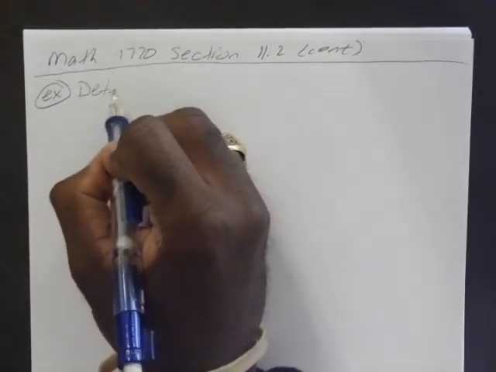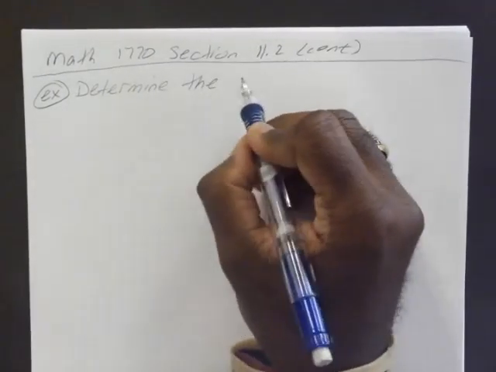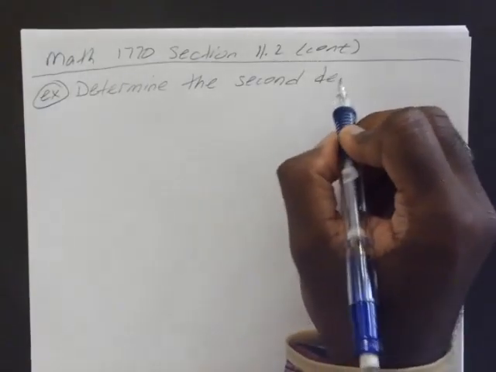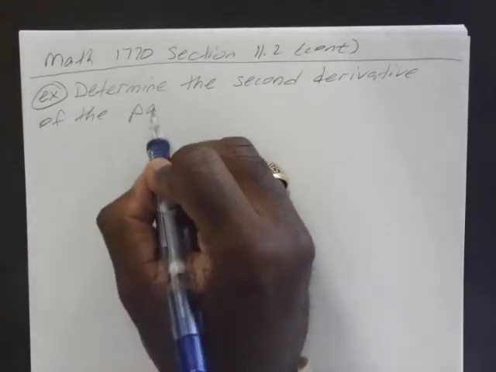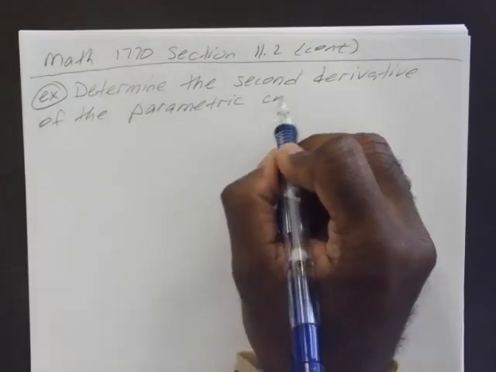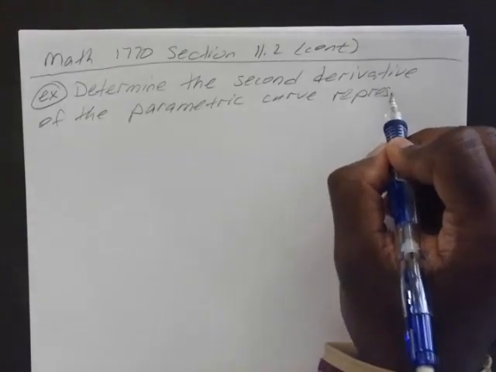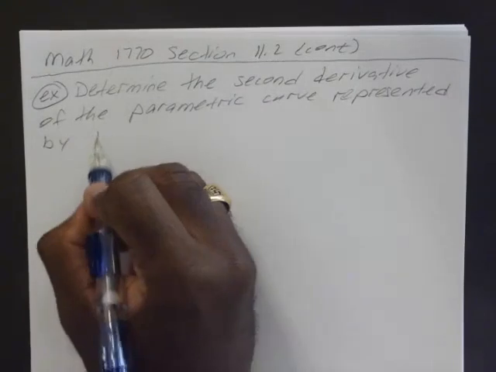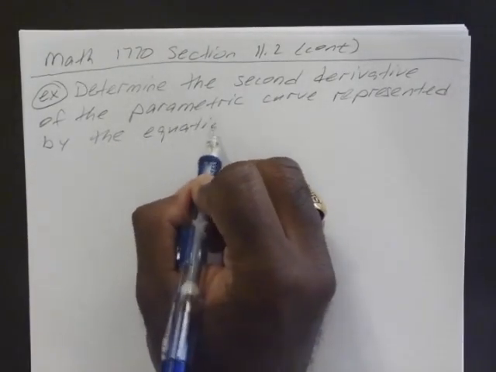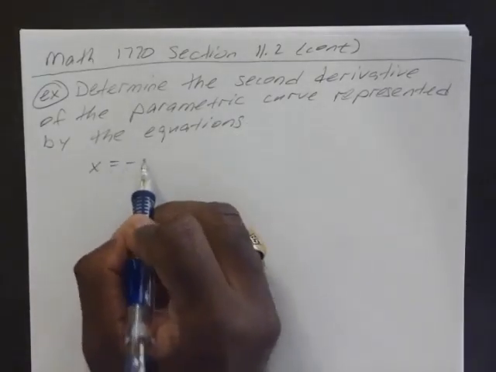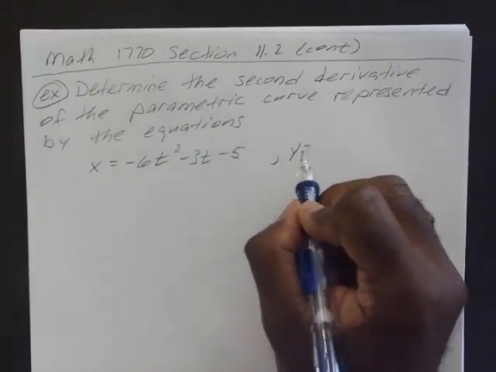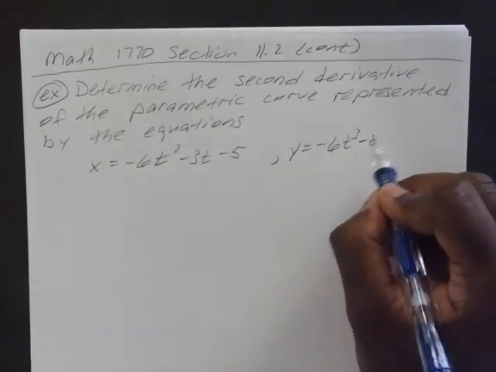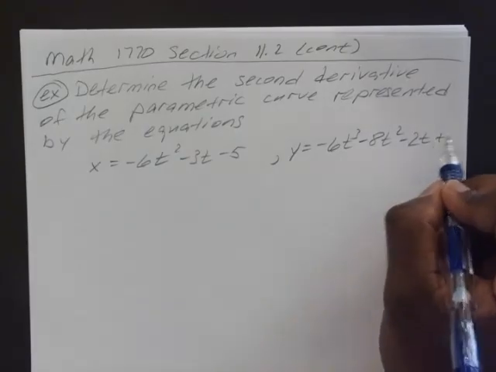So let's say, for example, we wanted to determine the second derivative of the parametric curve represented by the equations x is equal to negative 6t squared minus 3t minus 5, and y is equal to negative 6t to the third power minus 8t squared minus 2t plus 2.